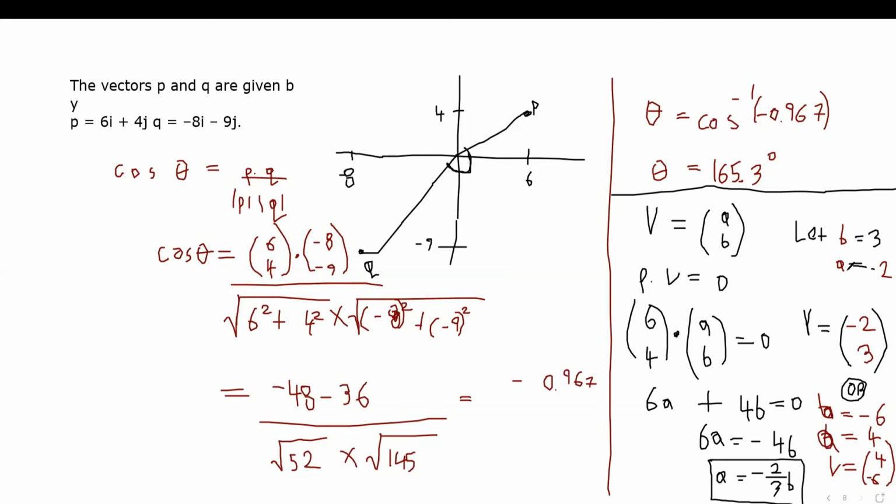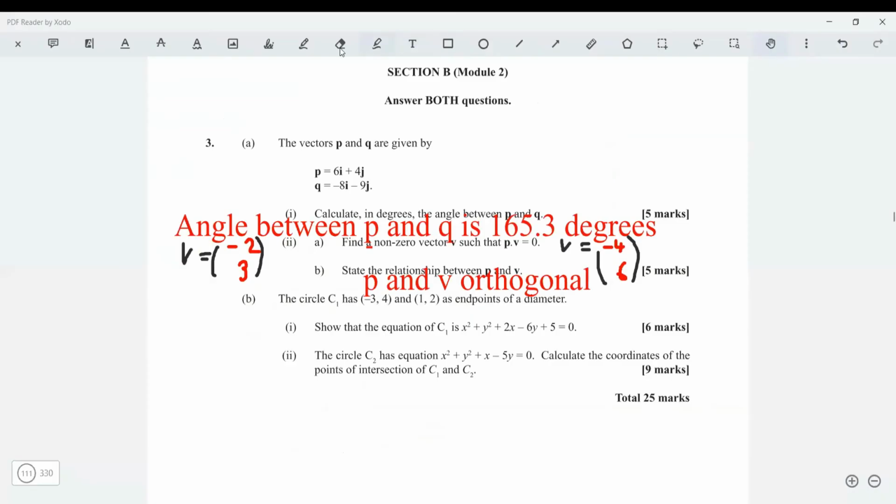Why we switch it around was right here: it's really B we put as 3, because when you put 3 here, minus 2 over 3 times 3, the 3s cancel. Does that make sense? Yes, sir. And then we'd get A equal negative 2, so that's why we switch it around. Down here, it's B we put as negative 6 to make the negative cancel. And so we get 4 minus 6. Then now we state that they are orthogonal.